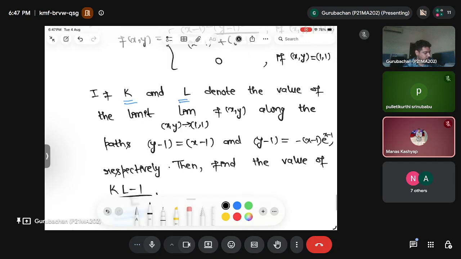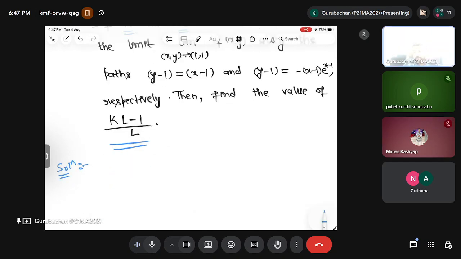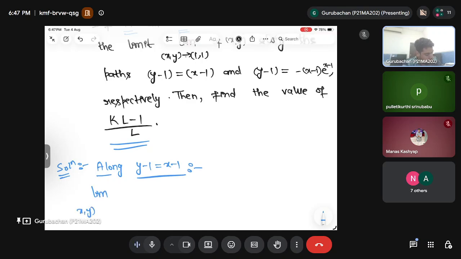Yes, so let us start doing it here also. Along the y minus 1 equal to x minus 1 curve, the limit was limit (x,y) tending to (1,1) of f(x,y).